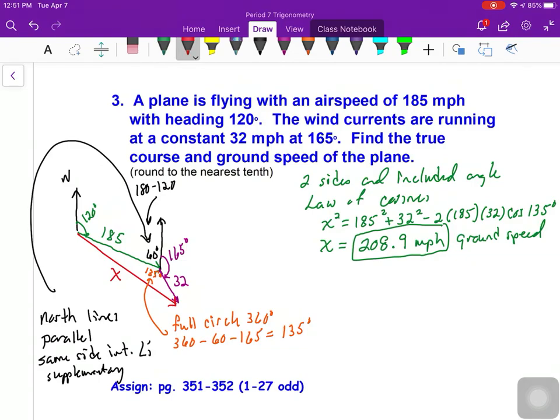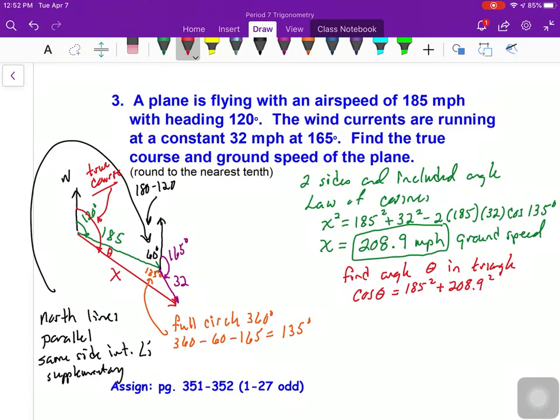But it does ask us for our true course. The true course is going to be the angle from north all the way to our line of travel. So the angle from here all the way to there, that's our true course. So we're going to find the angle theta in the triangle, using the law of cosines.